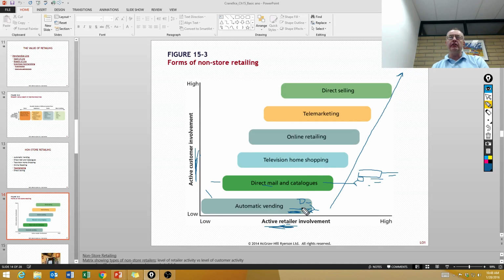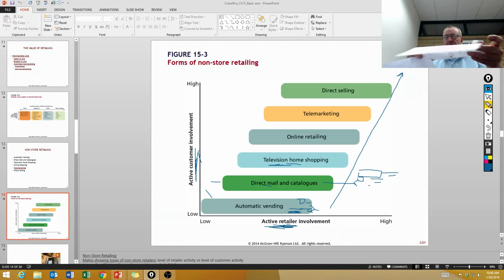Okay, and then next type of non-store retailer in terms of level of active retailer and customer involvement is television and home shopping. So you actively watch television. We usually think that watching television is passive, but anyways, so you watch television and then you pick up the phone, or you watch these shopping channels on TV, and then you pick up the phone and you place your order, or you place your order online.